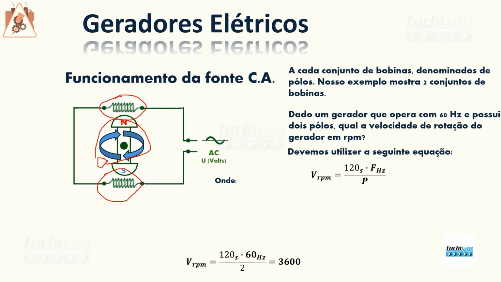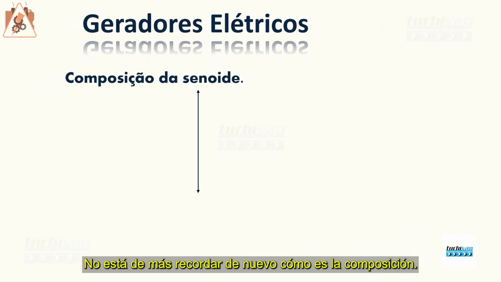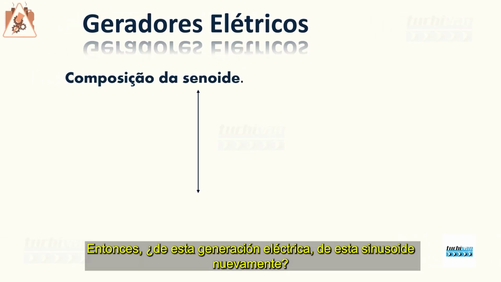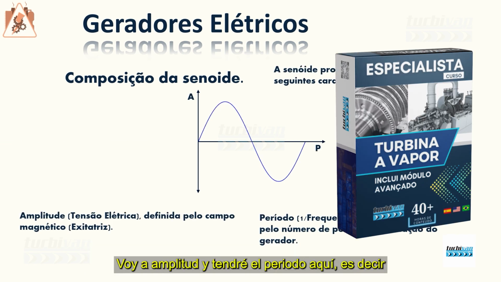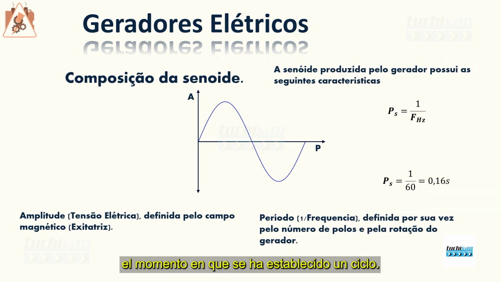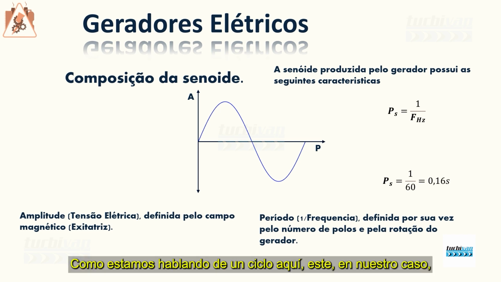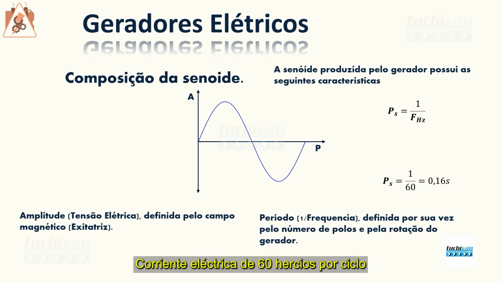So of this electrical generation, of this sinusoid again, I have here the sinusoid that will be produced by the generator. I have the amplitude and the period, which is the time a cycle takes to be established. As we are talking about a cycle here, in our case this period will be 0.16 seconds, that is, in our 60 Hz electrical current, every cycle will take 0.16 seconds.